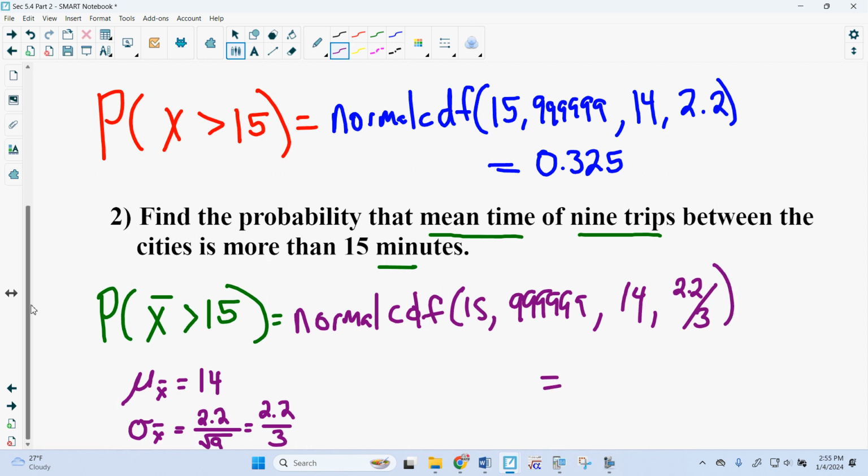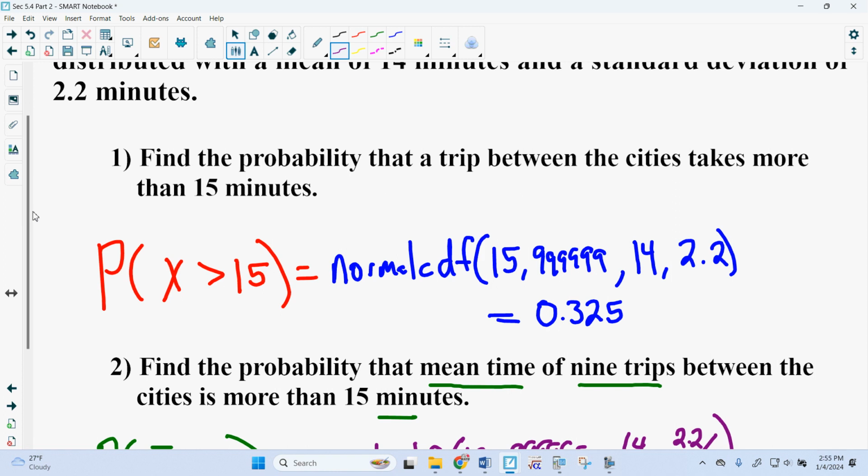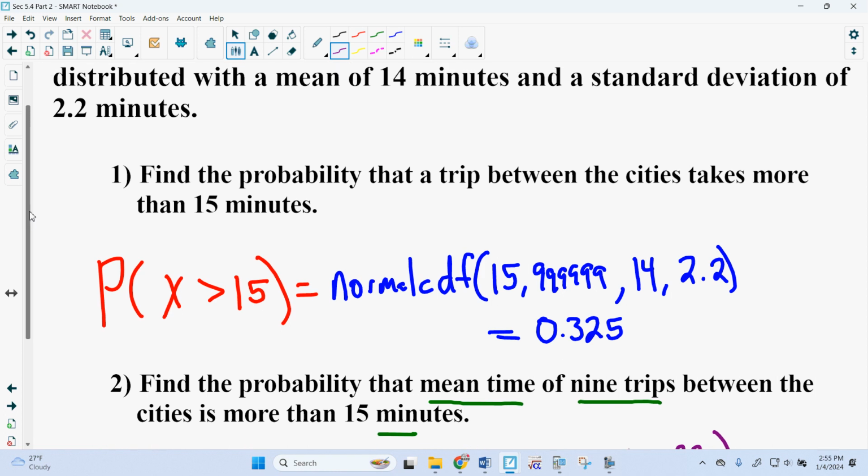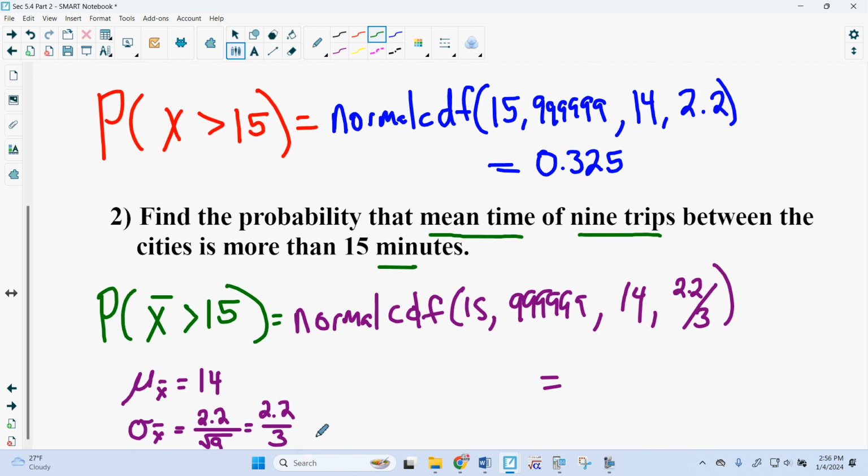Now you would imagine, if we think of this 14, if we kind of connect this with what we did before, if we said here is our 14, what's the probability it's greater than 15? We found the answer. But we know when we do this with our sampling distribution, our standard deviation is smaller, so this is narrower, and so it's more grouped together.